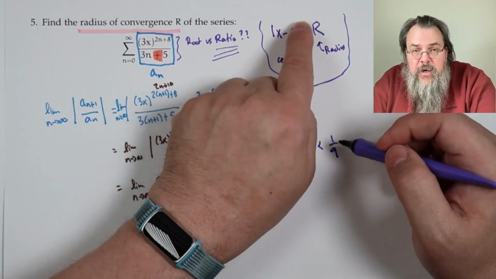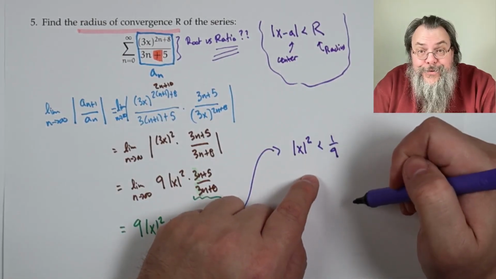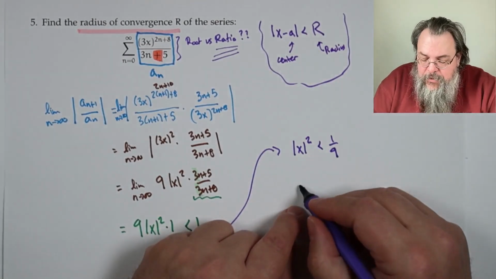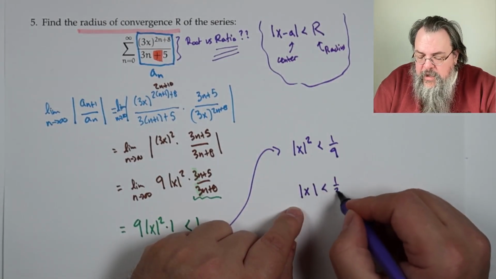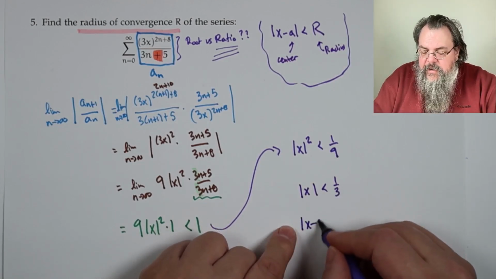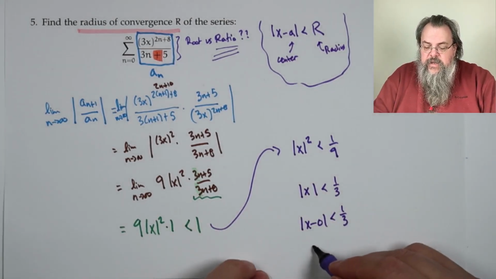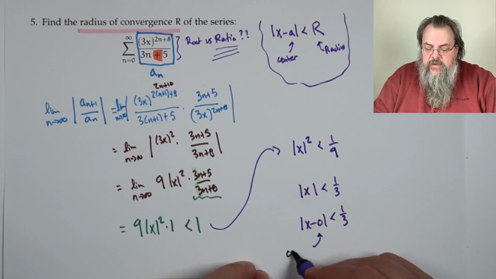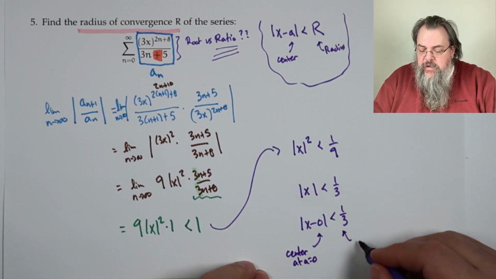There shouldn't be a square there. How do we get rid of the square? Square root. Square root both sides, and you get absolute value of x less than 1/3. Notice this is the same as absolute value of x minus 0 is less than 1/3. So it's centered at 0. We don't need this, but we can point it out: the center is at 0, and our radius is 1/3.